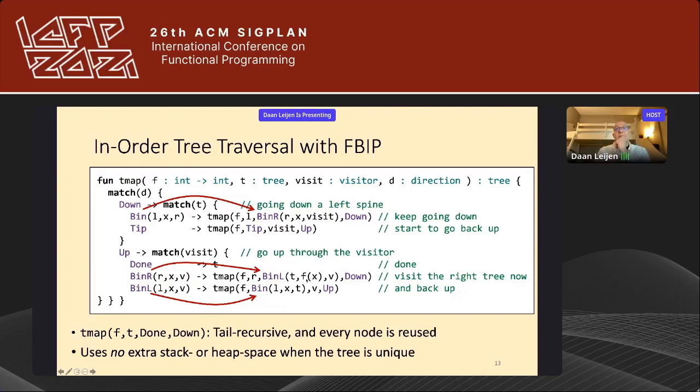And now you can see that these bins get reused in place by bin Rs, and the bin Rs by the bin Ls, and the bin Ls by the bins. And now we don't use any stack nor heap when the tree is unique, which is quite amazing. And it's a purely functional algorithm without doing any pointer manipulation or anything, right?